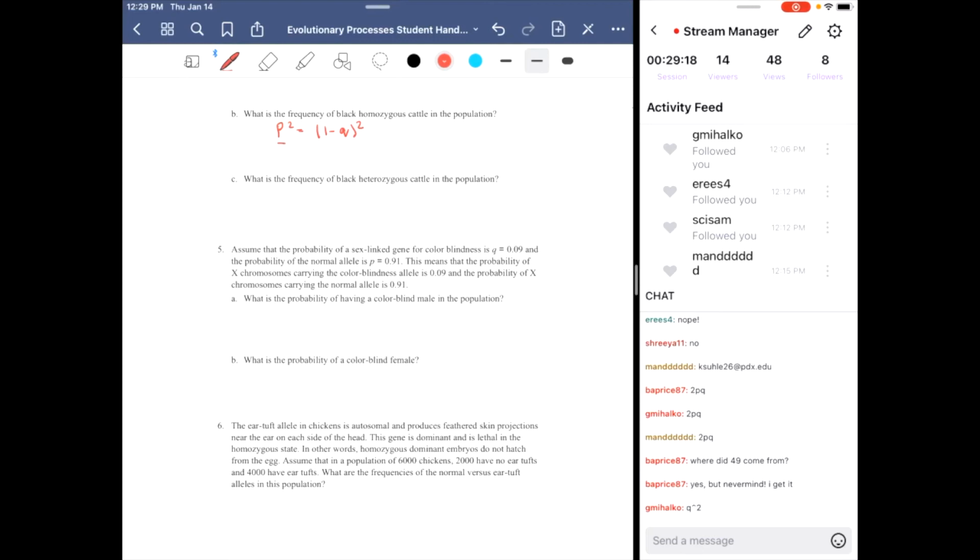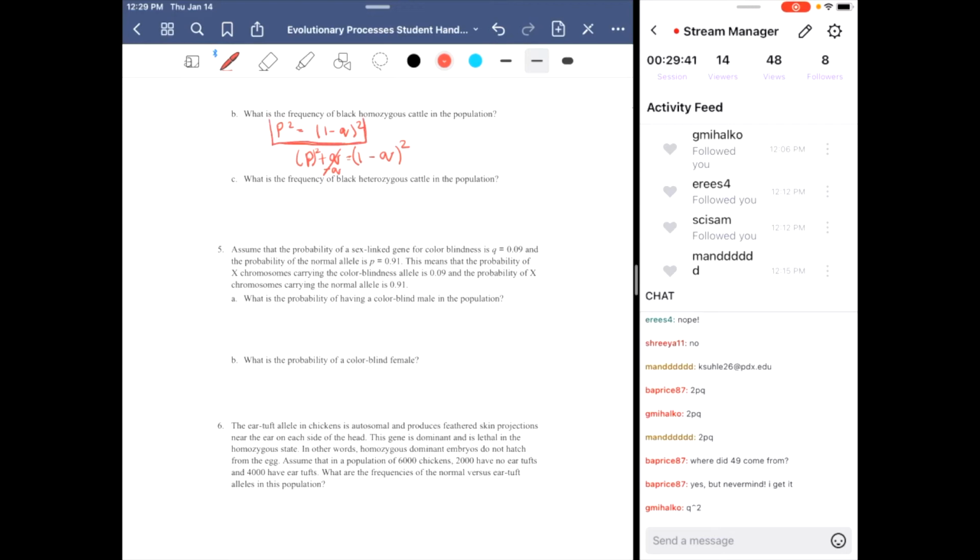And this formula comes from the fact that p plus q equals 1. So what we can do is subtract the q on both sides. And then if we were to square this whole quantity, it would get squared as well. So that's where we get this relationship here.